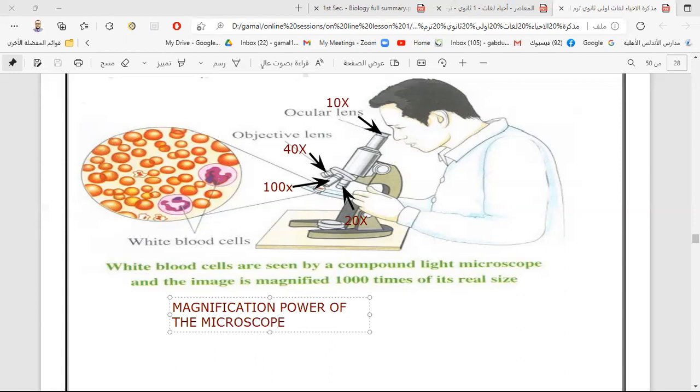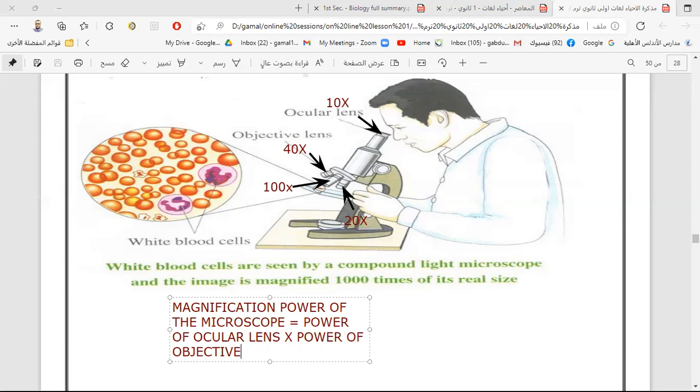The magnification power will equal the magnification power of the ocular lens multiplied by the magnification power of the objective lens.